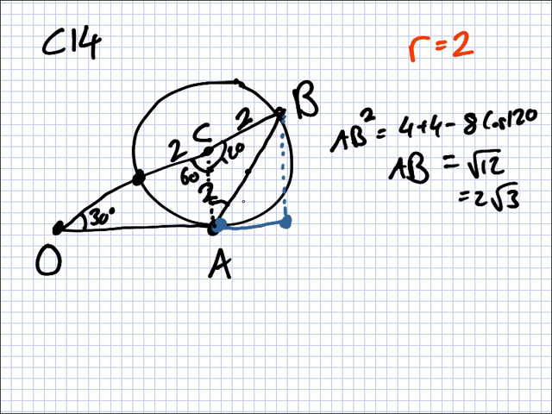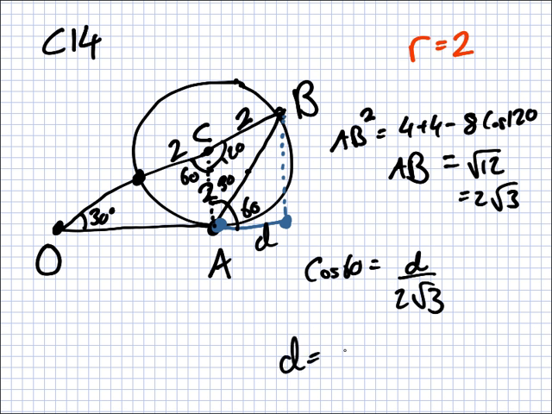There should be some way to get one of the angles. That's 120. Ah! This is an isosceles triangle, so the two sides are equal. So it's 30 and 30, which means that's 60. So you could say that cos 60 is the d that they want over 2 root 3. So what if you type in 2 root 3 cos 60, what do you get?